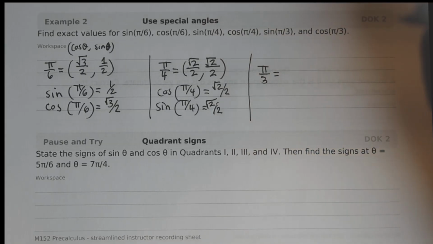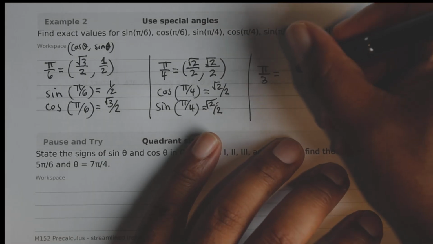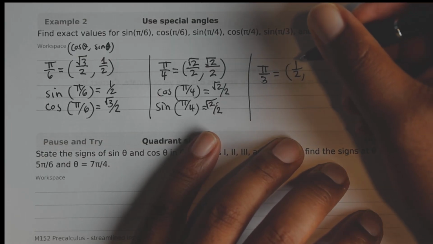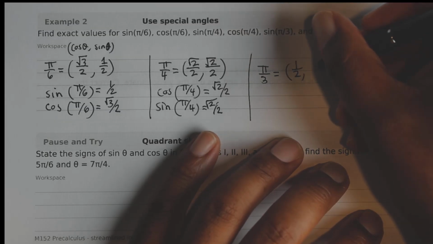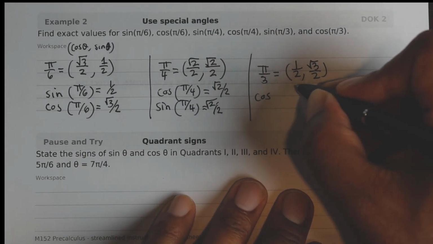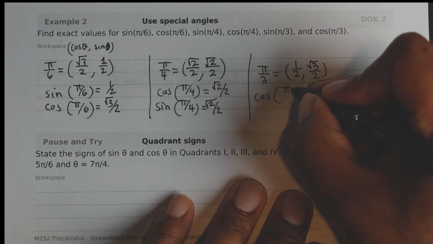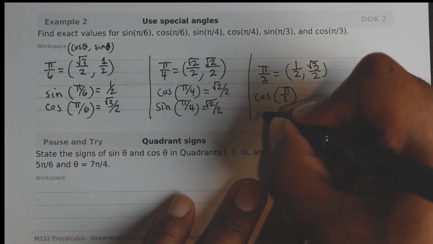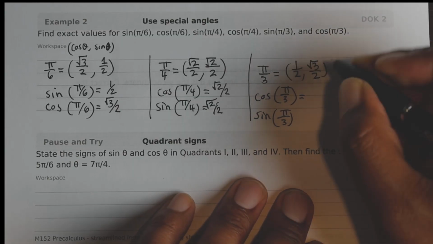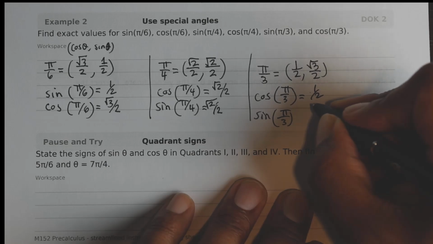Okay. Pi over 3 has the point of 1/2 and root 3 over 2. So cosine pi over 3 is 1/2 and sine pi over 3 is root 3 over 2.